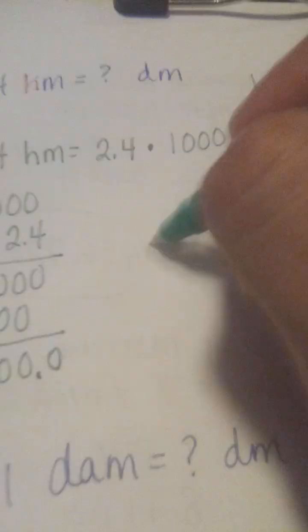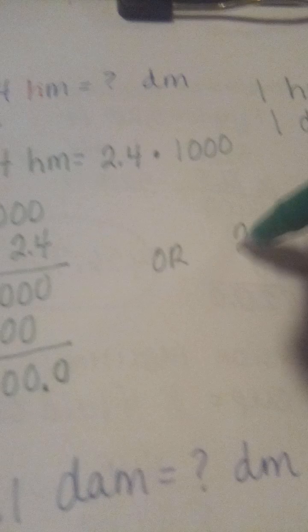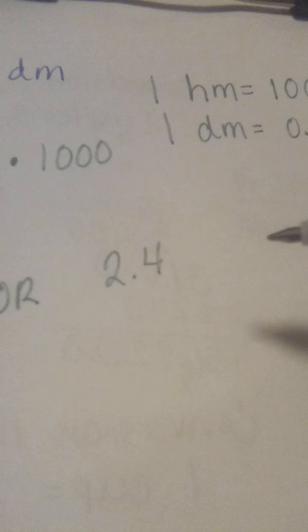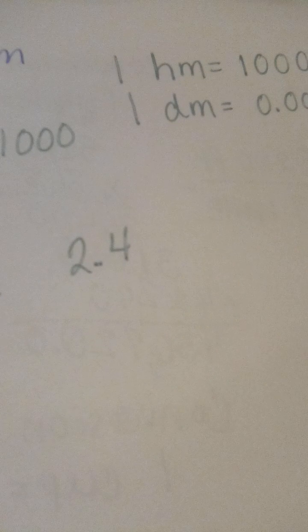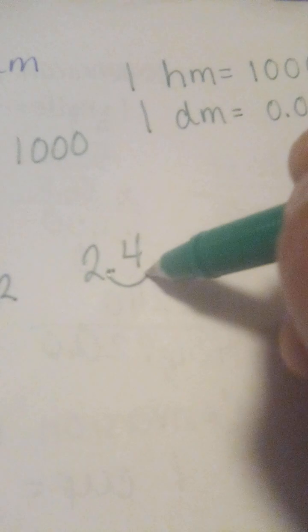Or, 2.4. How many spaces do we move? Is it to the right or to the left? It's to the right, right? So it's got 1, 2, 3.